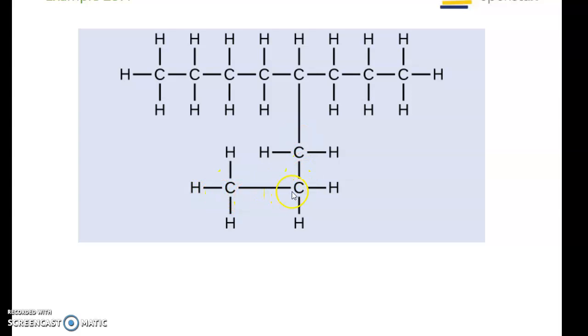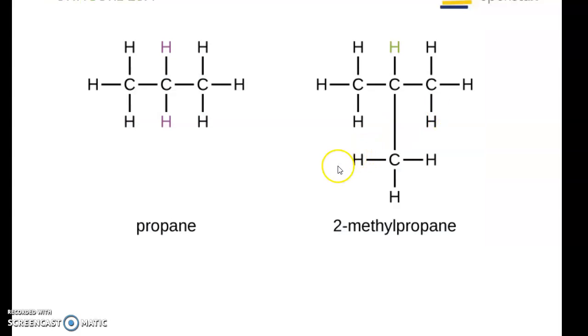So this is 4-propyloctane, right? 4-propyloctane. This right here is propane, and you have a methyl group here. And so this is 2-methylpropane.